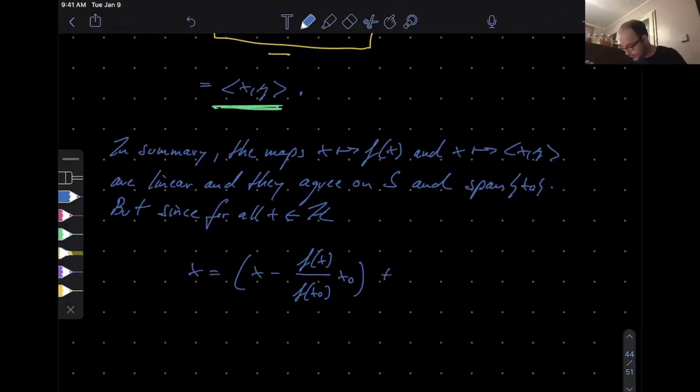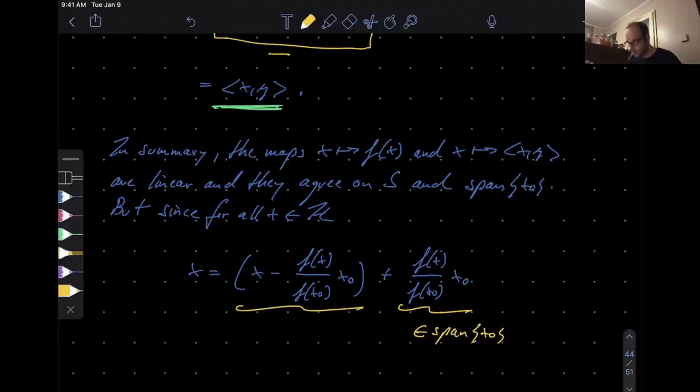And then, it's not an equality yet, but now it will be f(x naught) times x naught. So you can see that this is an equality, that ratio just goes out. But now this one here is a multiple of x naught, so this is in the span of x naught. And what is this here? Well, hopefully it's in S, in the kernel, and it is.